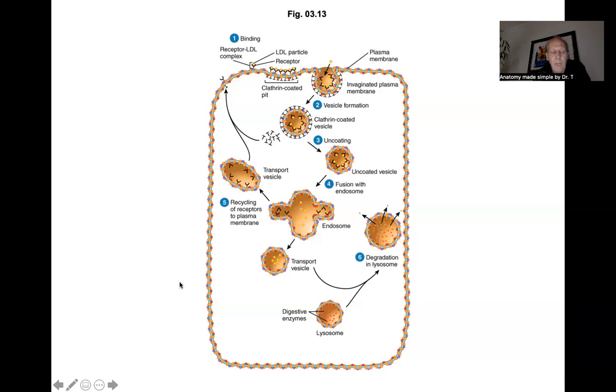That is an example of endocytosis and transportation vesicles.